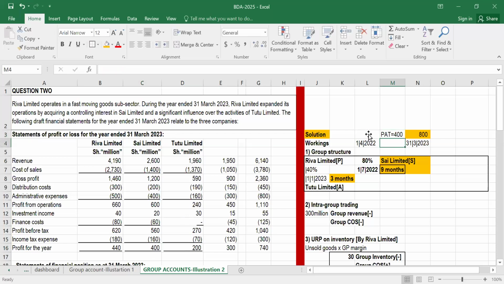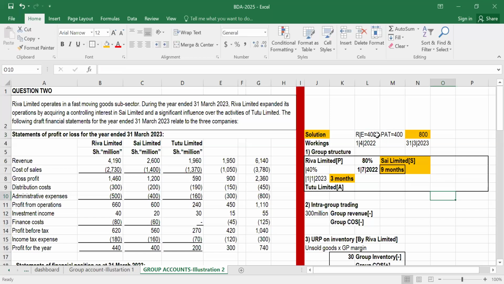So the first thing we need to do is determine the retained earnings of this company at the start. How do we determine the retained earnings at the start of the year? We take these retained earnings at the end, minus the profit for the year. So we take 800 minus 400, that will give us 400. So 400 is the retained earnings of our subsidiary when the year was starting.